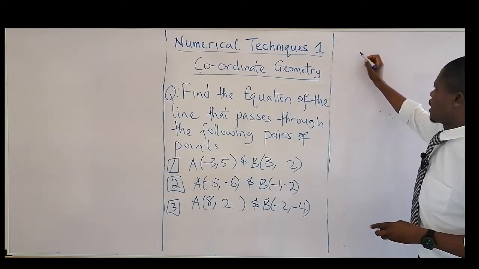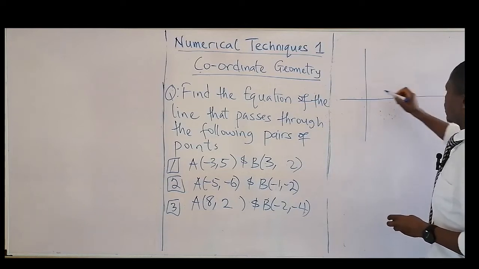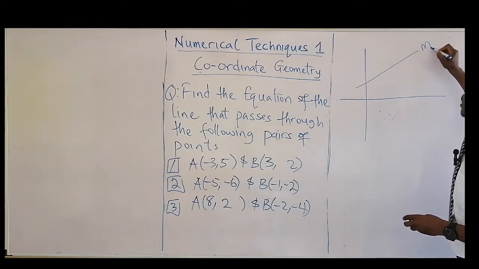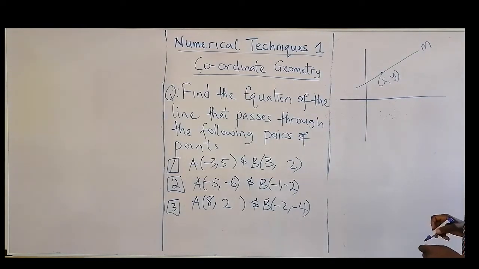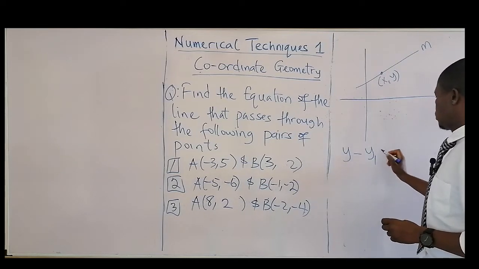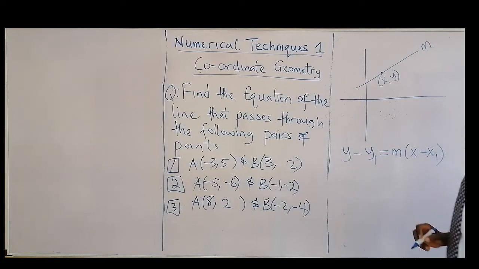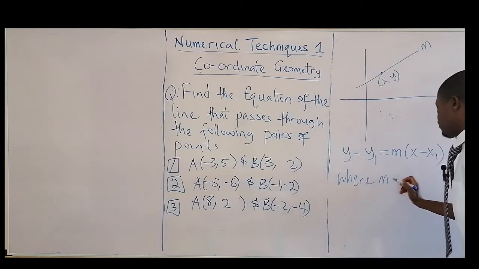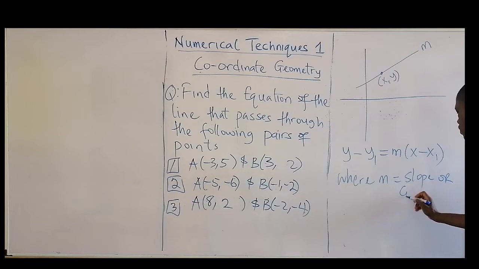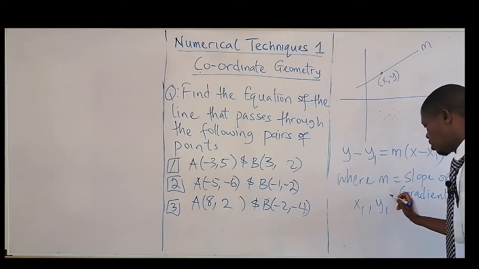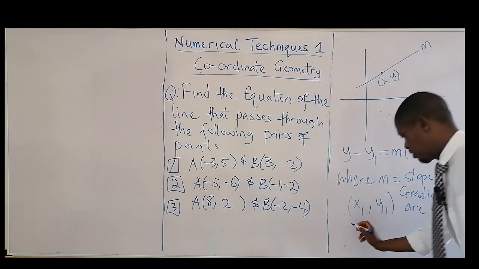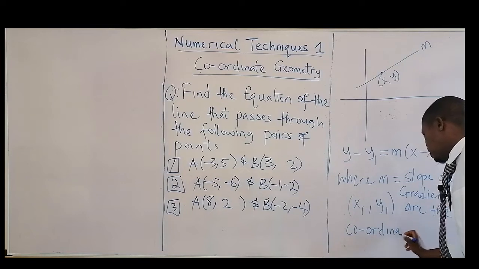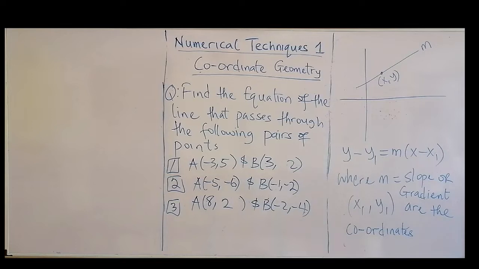So without wasting time, the equation of a line with a gradient, or slope, m that passes through the point x1, y1 has this formula: y minus y1 equals m into bracket x minus x1, where m is the slope or the gradient, and x1, y1 are the coordinate points the line passes through.